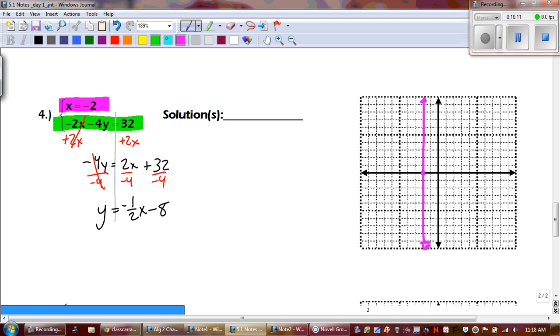So, graphing this line, our slope is -1/2, and we begin at 0, -8. Okay, so 0, -8 is down here, down 1, over 2, down 1, over 2, ran out of room. There we go. I just followed the pattern the opposite direction, and now I'm going to draw my line.